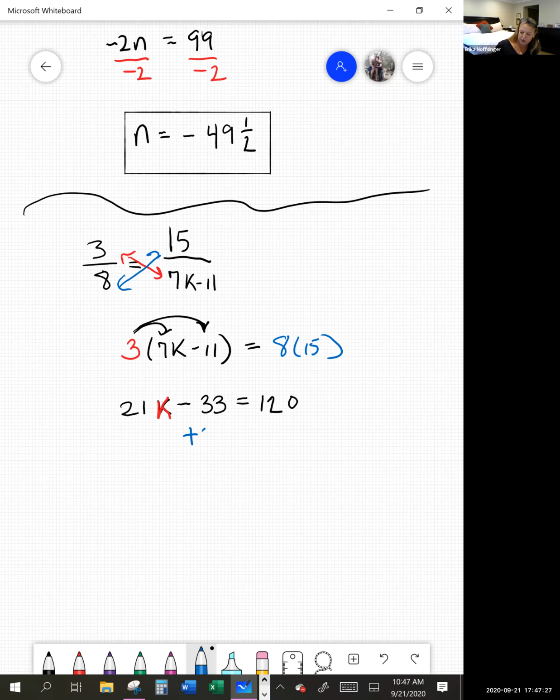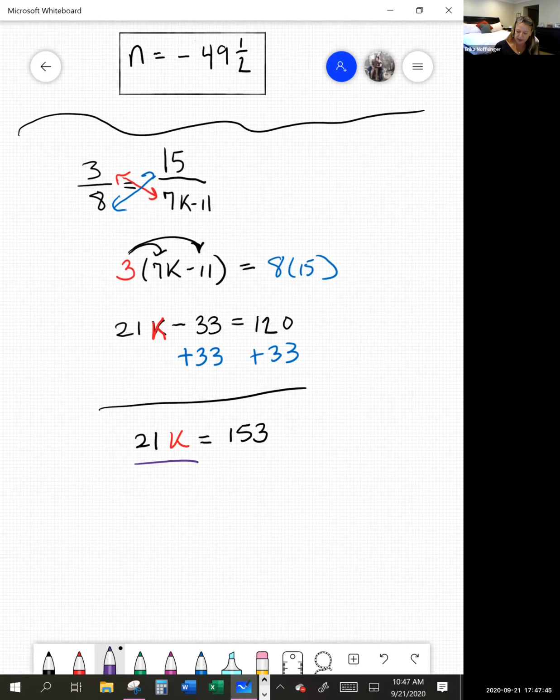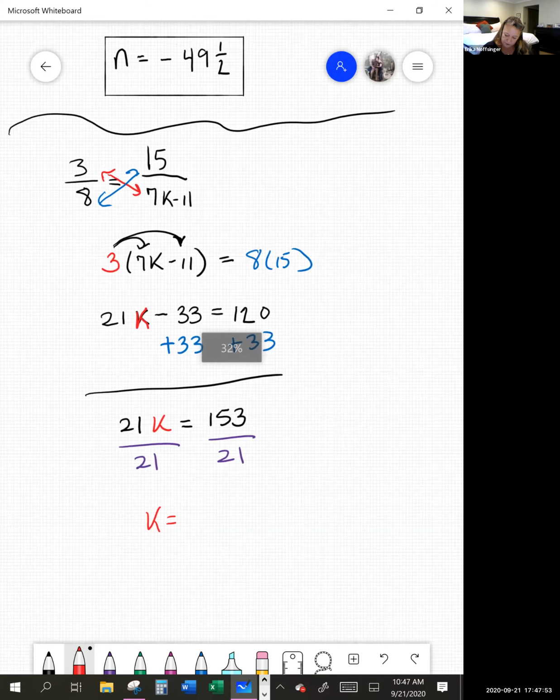And so we get 21k is equal to 120 plus 33 is 153. Get k by itself. It's multiplication now. Divide by the coefficient in front, the number in front. So we get k is equal to 153 over 21.